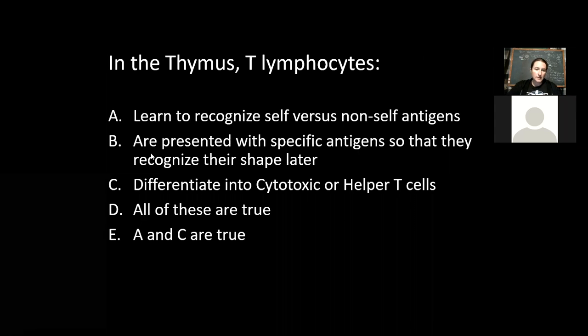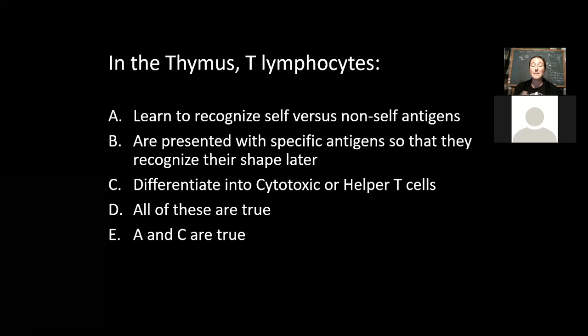So why is B false, essentially? In the thymus, we are not actually presenting, excuse me, oh my gosh, so much chalk. Anyway, the T cells are not actually presented with, here is a bacteria, here is a virus.